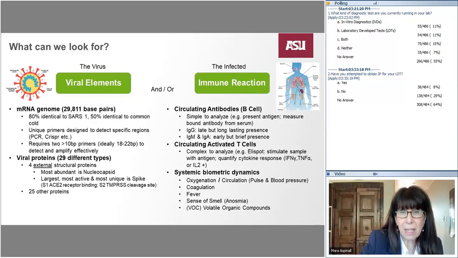And I believe because of this complication is why antibody tests have not done well in the U.S. There are really three things that we're looking for: B-cell circulating antibodies, circulating activated T cells, or systemic biometrics. And this is a wide range, but I'm going to focus on two of these.